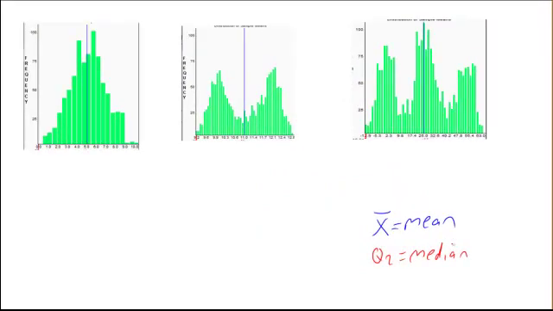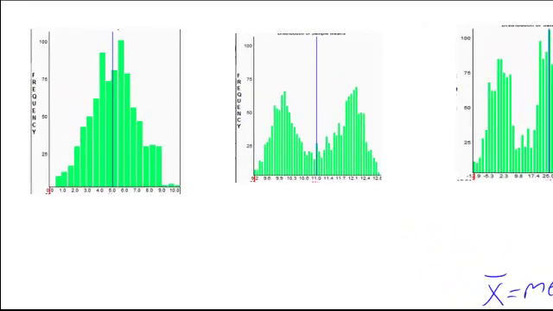What you want to do is look at your graph and pretend like it's a tray of food. Wherever you'd have to put your hand in order to balance that tray of food, that's where your mean is about. So about right there is going to be my mean on this graph. So X bar, it's about at 5.